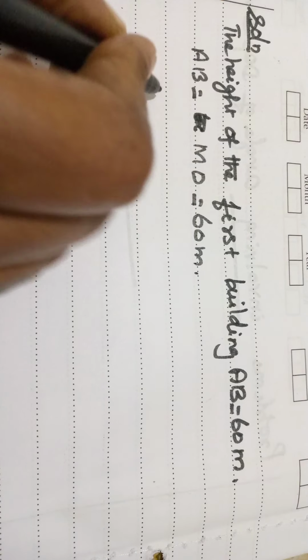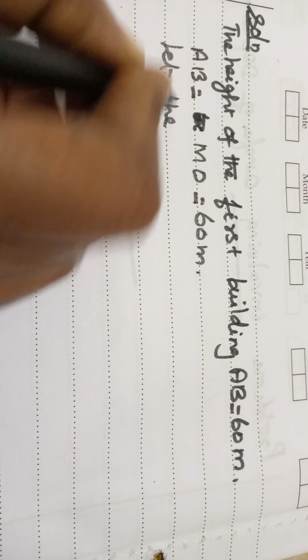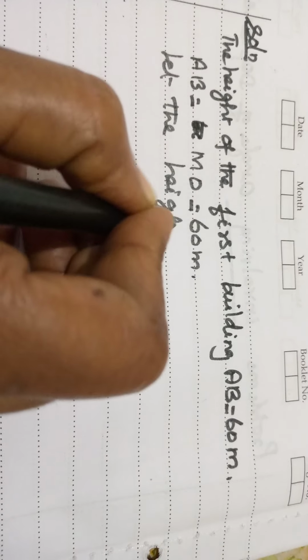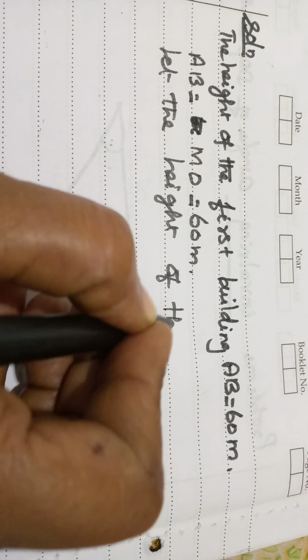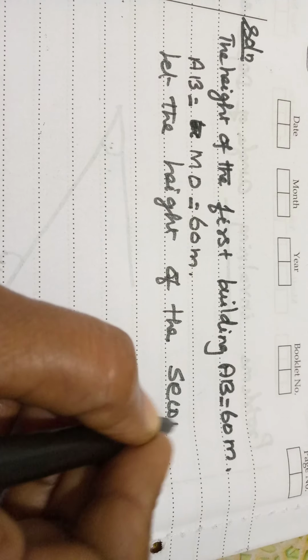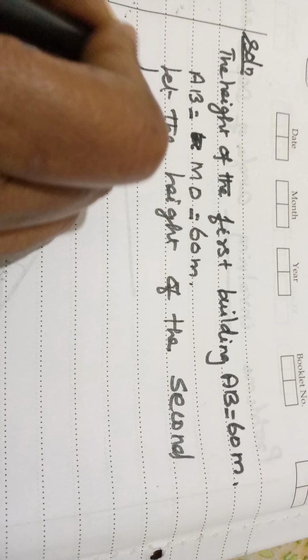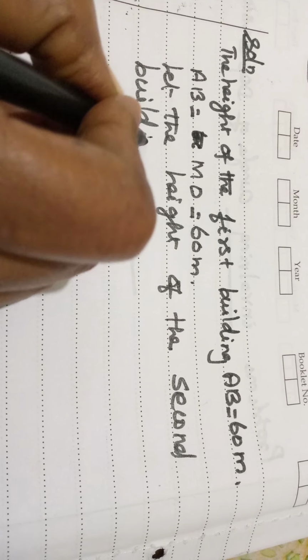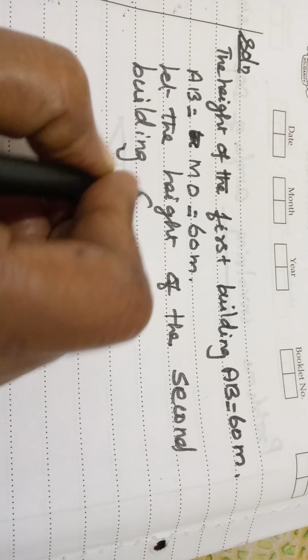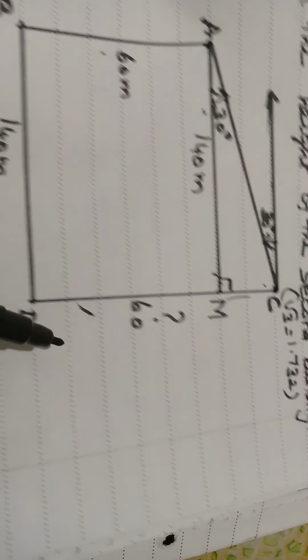Let the height of the second building CD be equal to h meter.